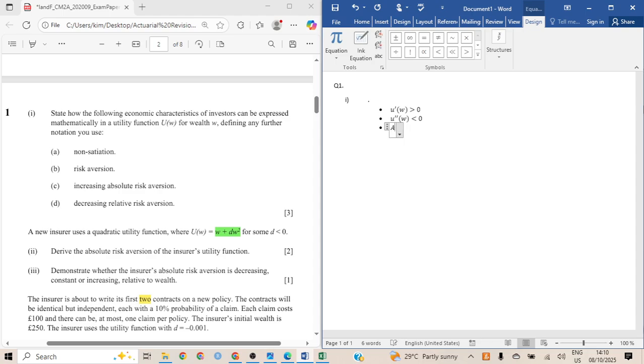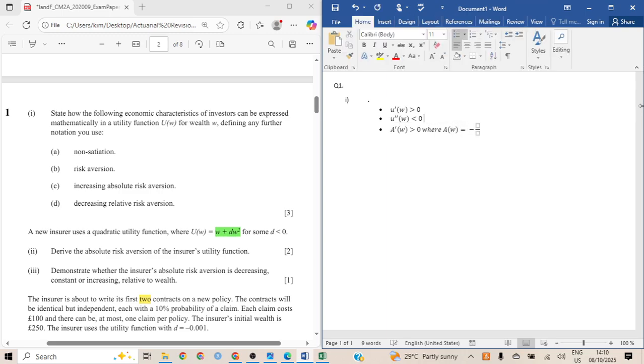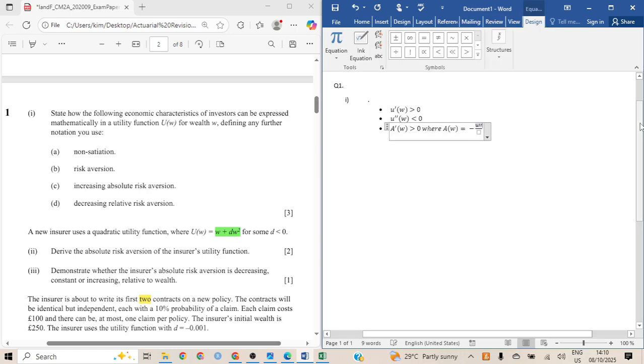So this is the first derivative of ARA, and if it's increasing, it's greater than 0, where ARA is given by minus the second derivative of the utility of wealth divided by the first derivative of the utility of wealth.